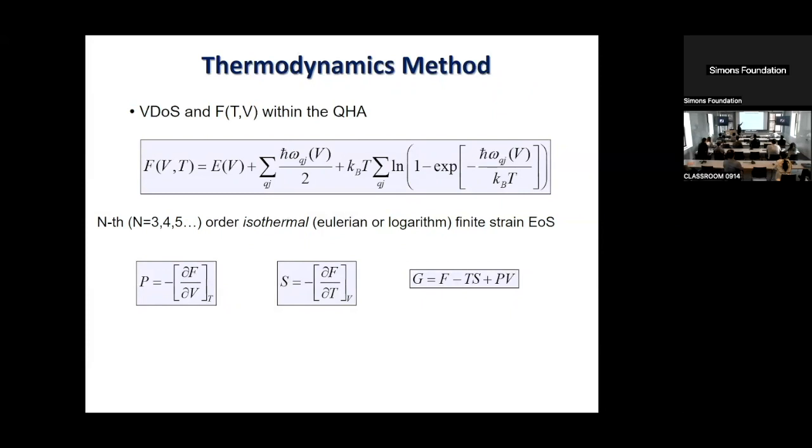The pressure is derived from this expression, but the thermal pressure, the derivative of the vibrational free energy with respect to volume, is not isotropic. Right, that comes out if you treat the problem at this level. Corrections can be included. It's not major.